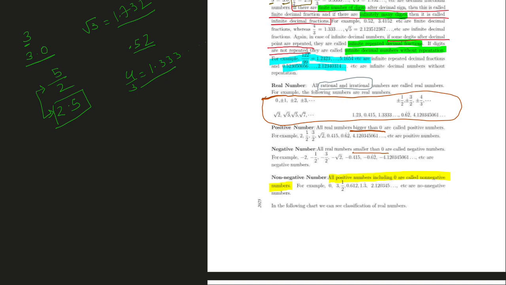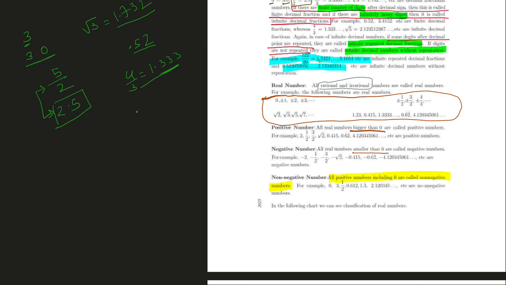There are ones that repeat, where the digits after the decimal point repeat, and then there are those that don't repeat. For example, in this one here, you can see that 3 repeats again and again. So these are called infinite repeated decimal fractions.